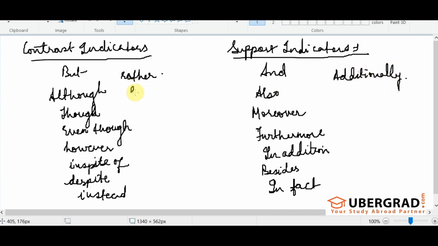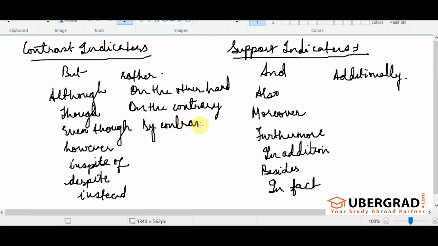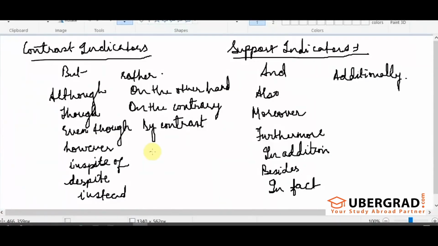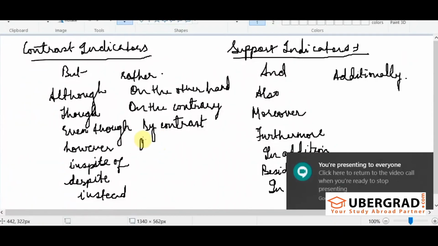Here we can also add on the other hand, on the contrary, by contrast, on the flip side.